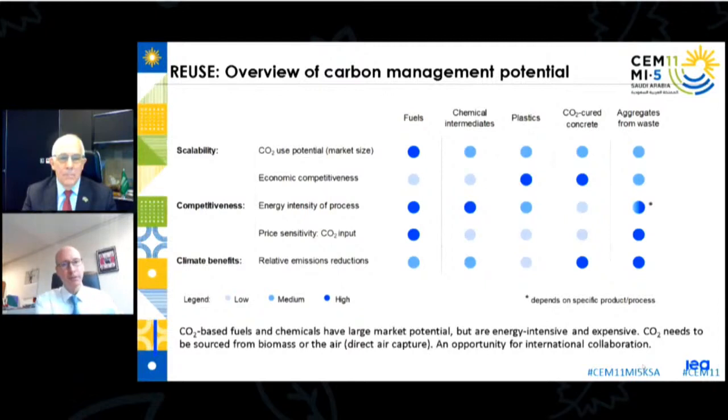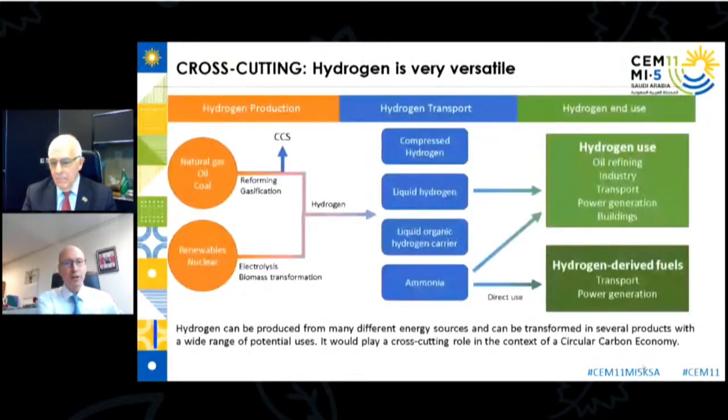Next slide, please. Let me just focus on hydrogen for a second. I know hydrogen's hot. It's getting a lot of attention. I'm sure it'll be getting a lot of focus over the coming days as part of the CEM and MI and G20 discussion right now. This is really just showing the versatility of hydrogen.